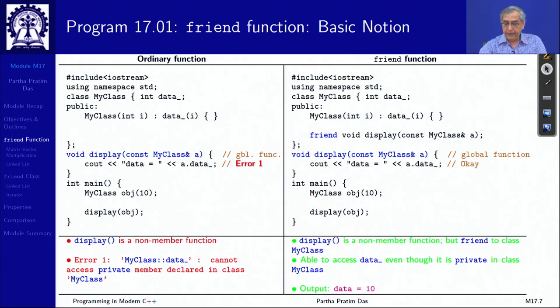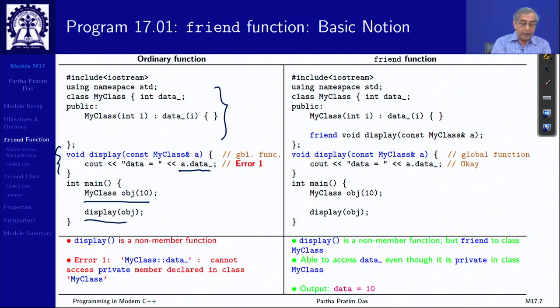Before getting into the definition, let me just start with an example. Let us say I have a class, my class, and I am creating an object for that. I have defined a global function display, which takes a constant reference to an object of my class, and then it tries to display the data.